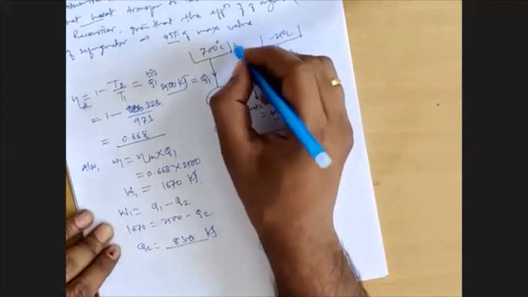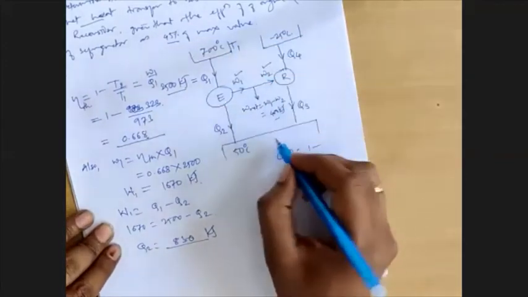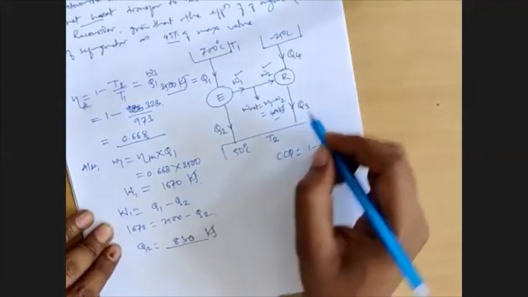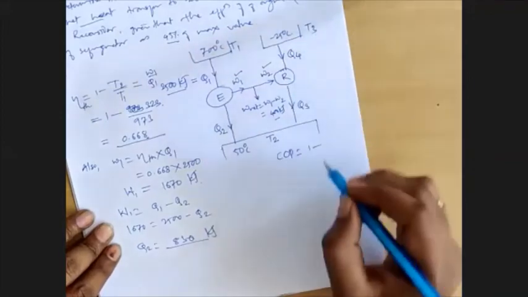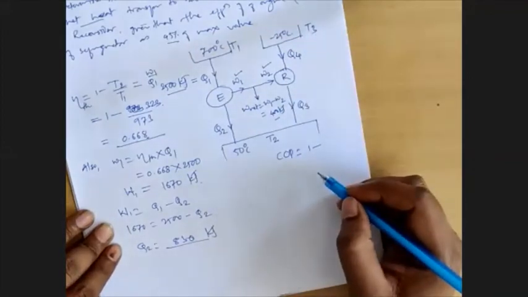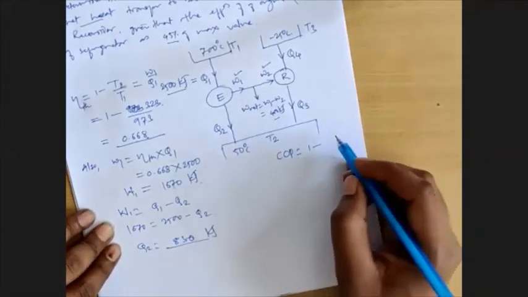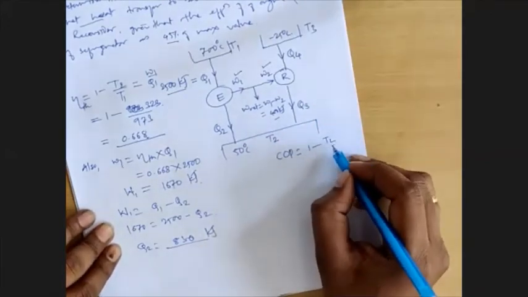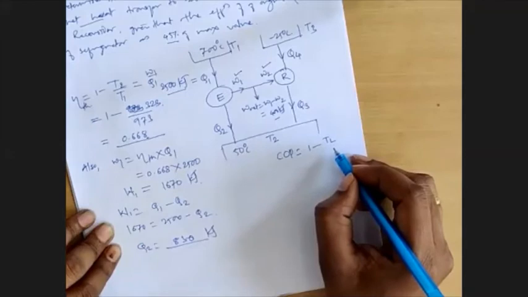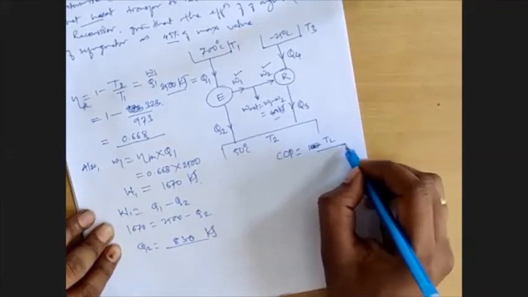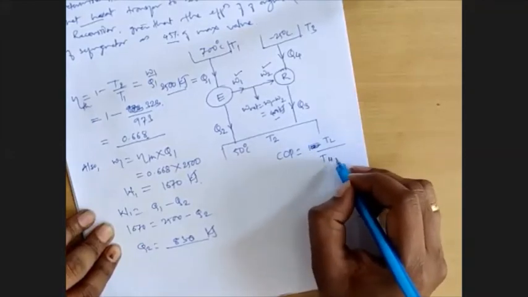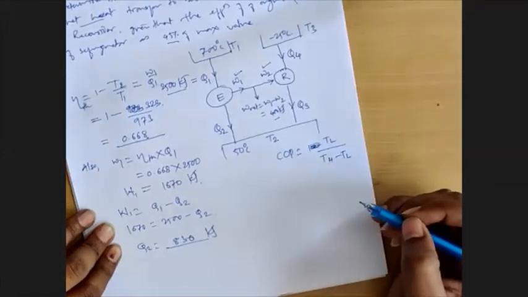Because if I consider this one T1, this one T2, then this is going to be T3. And for the refrigerator, COP will be T lower divided by T higher minus T lower.